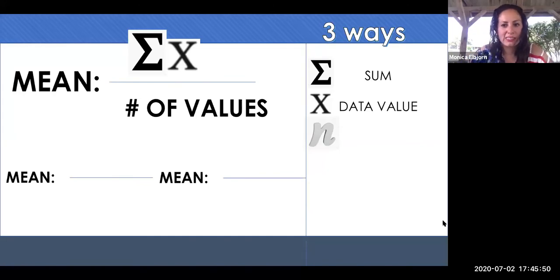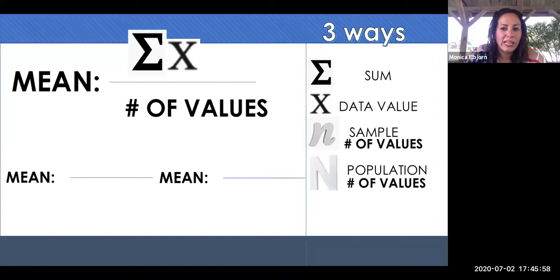So N stands for, very good, Lucy, the total number of values, but for a sample we use a little letter n, which is the number of values in the sample. Remember we talked about having the STEM class as our n, because that was our sample, but our population was all the Texas or San Antonio students.